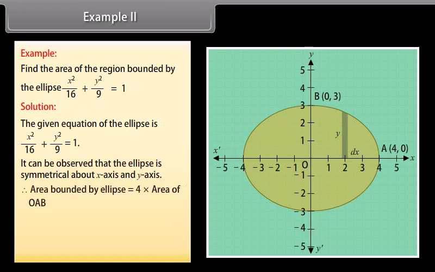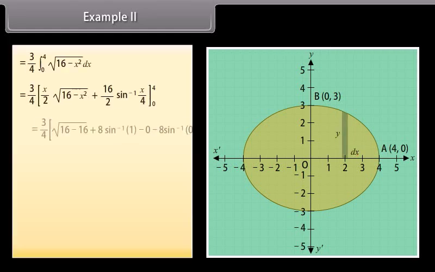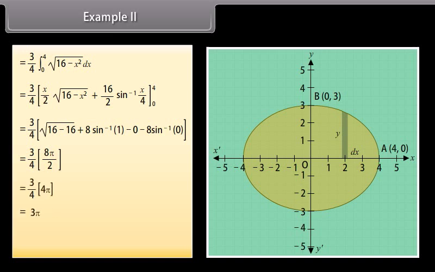Therefore, area bound by ellipse is equal to 4 into area of OAB. Area of OAB equals integral from 0 to 4 of y with respect to x. By solving it, we get area of OAB equals 3 pi. Therefore, area bound by the ellipse is equal to 4 into 3 pi equals 12 pi square units.